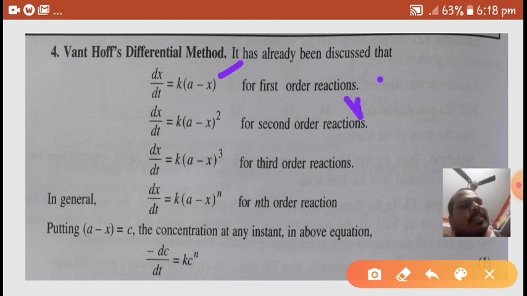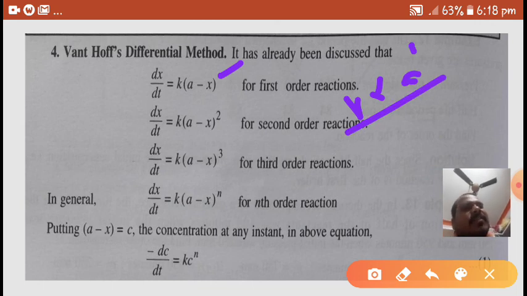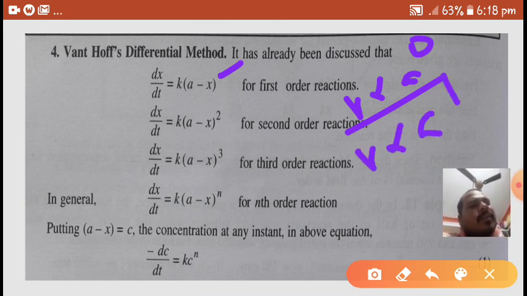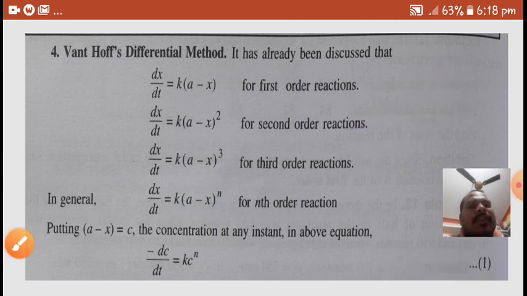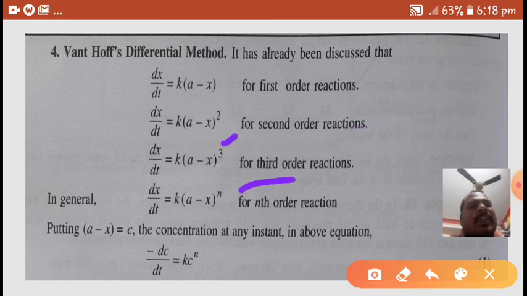If the rate is directly proportional to one concentration term, it is called first order. If it is independent of concentration terms, it is zero order. If it is directly proportional to two concentration terms, it is called a second order reaction. If it is 3, it is a third order reaction.